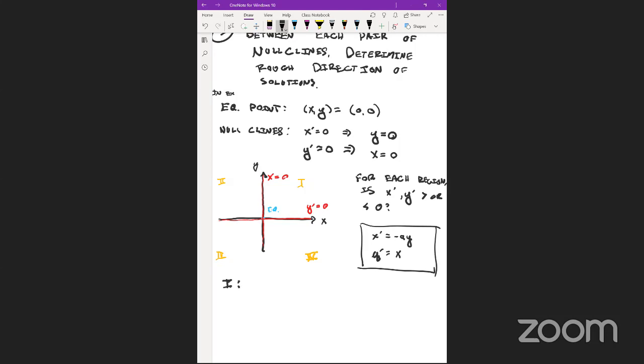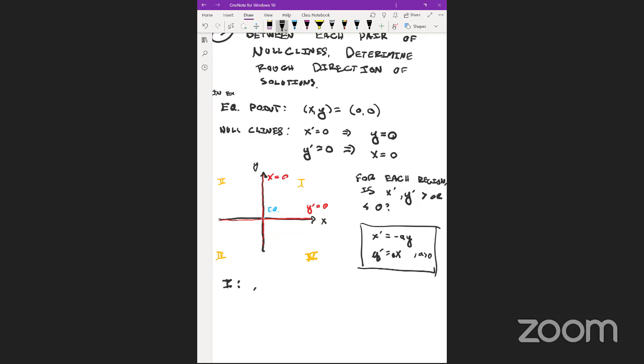And so in region 1, y is positive, and so x prime is equal to, well, let's assume, sorry, assume that a is greater than 0. So then y is something positive times something positive times a negative.